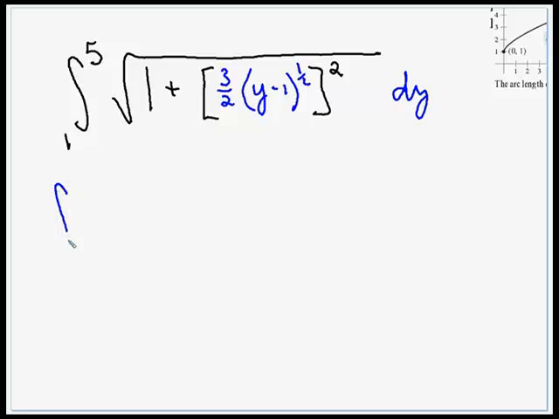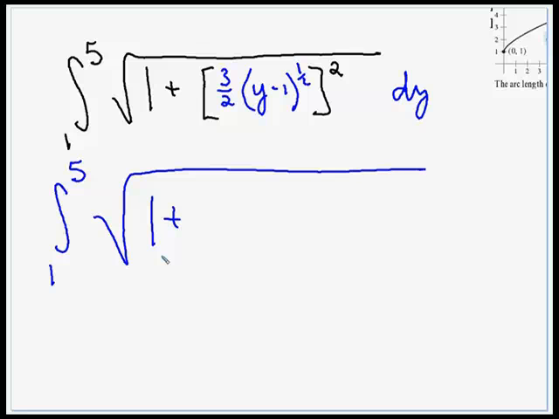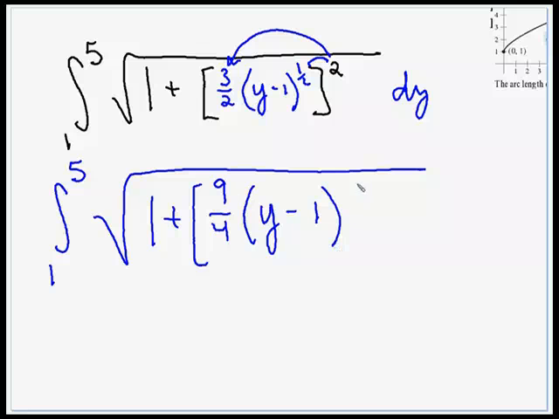So let's work under that radical and try to simplify some stuff here. Our 1 plus, if we distribute the squared, that's going to become 9/4, and then the square and the 1/2 power are going to collide, and that's just going to become y minus 1.